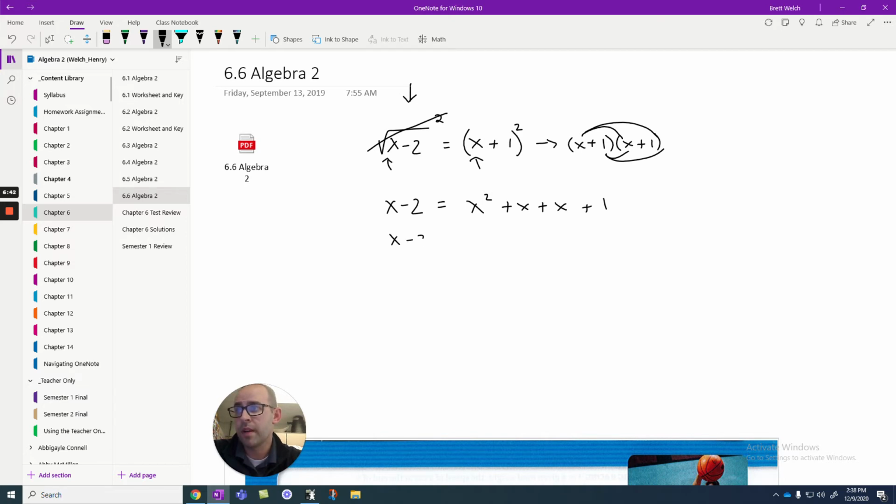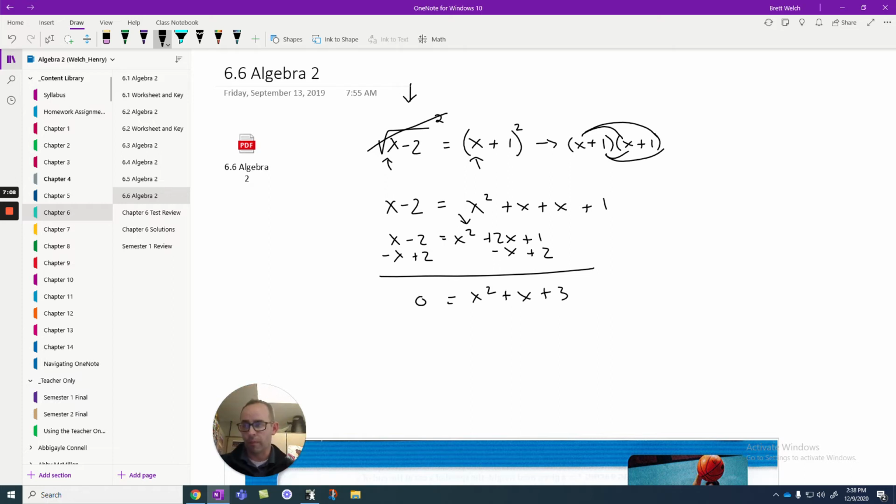Or I have x minus 2 equals x squared plus 2x plus 1. Because this is quadratic in nature, I'm going to have to solve it by moving everything equal to 0. So I'm going to minus an x, and I'm going to add 2. This would give me x squared plus x plus 3 equals 0.